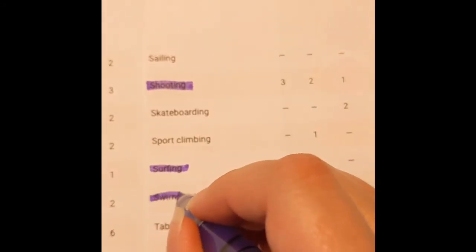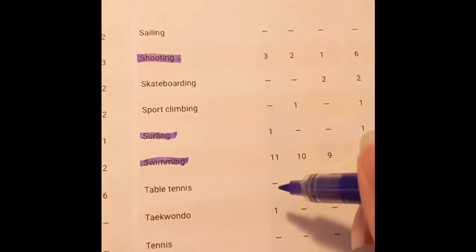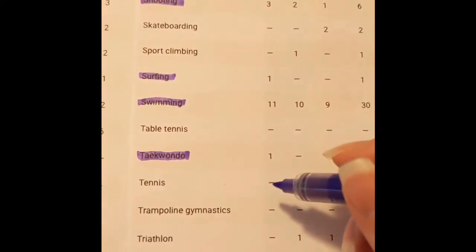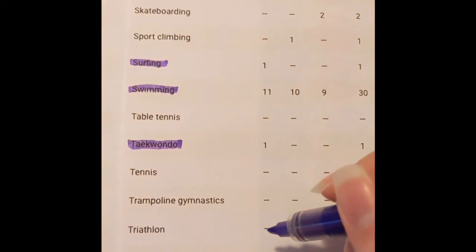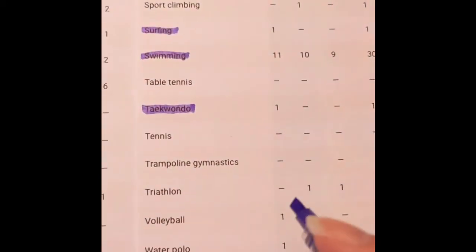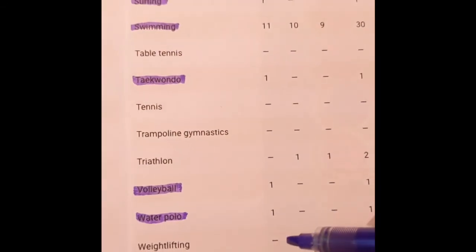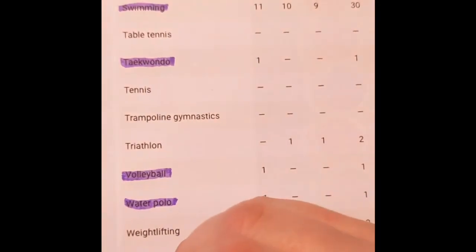That's probably our best sport. None in table tennis. 1 in taekwondo. None in tennis, trampoline, triathlon, 1 in volleyball, 1 in water polo, none in weightlifting, and 3 in wrestling.